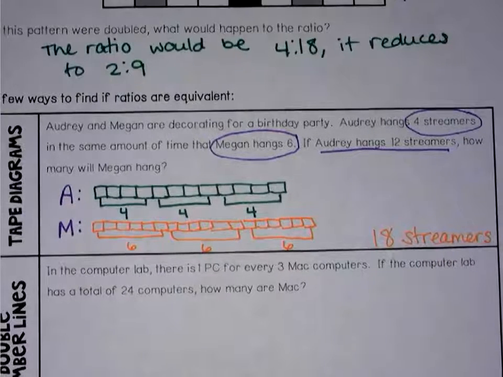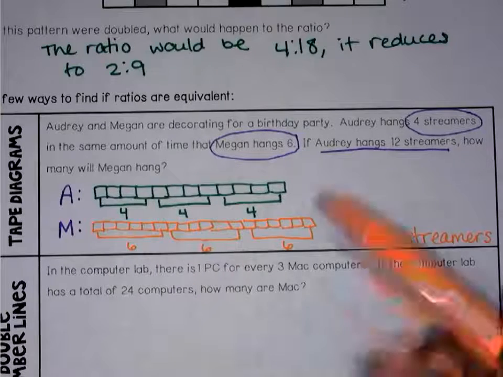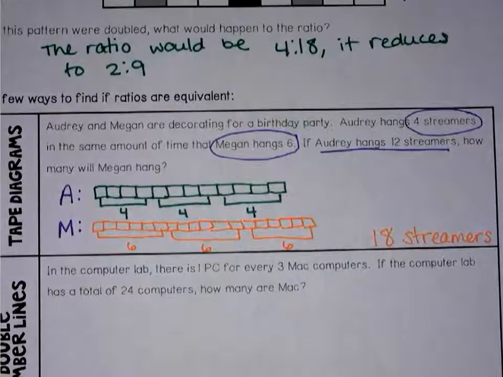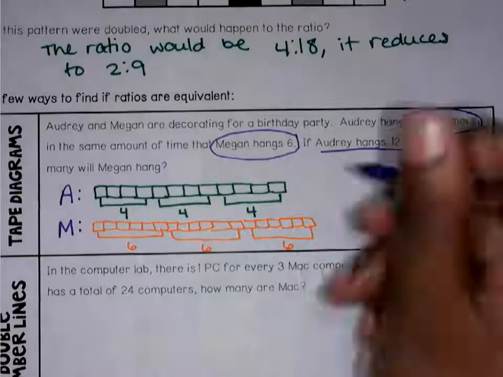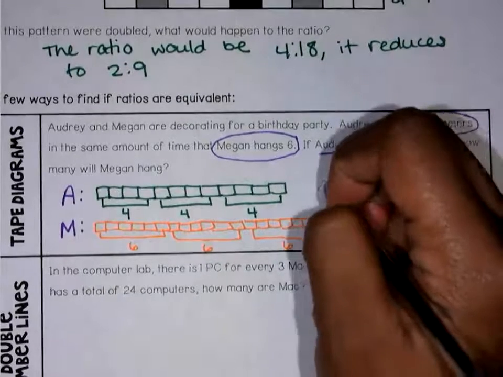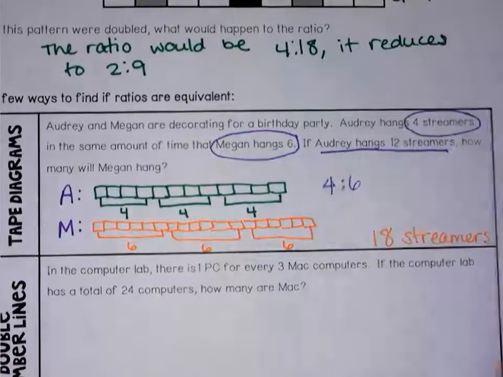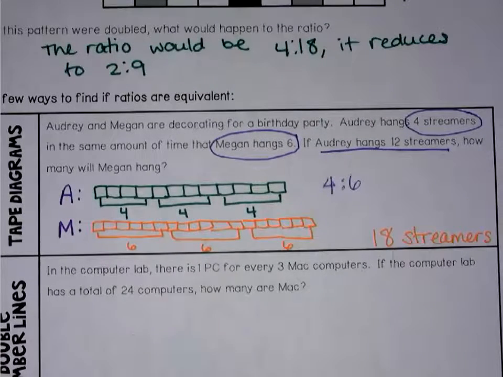All right. So this is a visual way to see. In this case, if we wanted to write a ratio for it, it would be 4 to 6, because every 4 that Audrey did, Megan did 6.